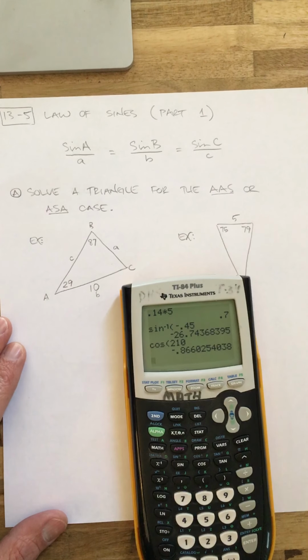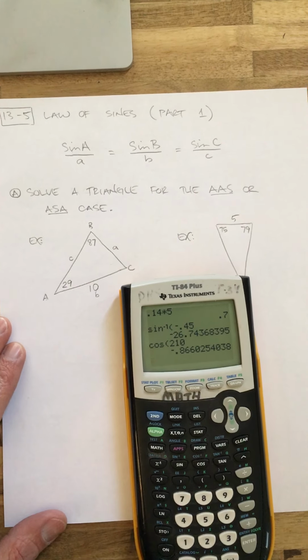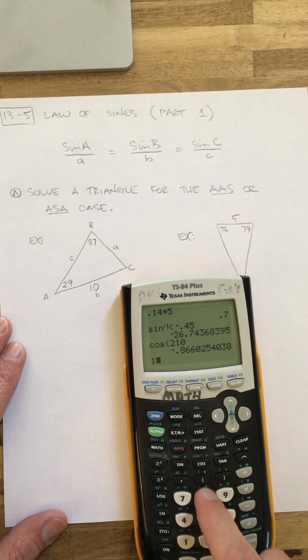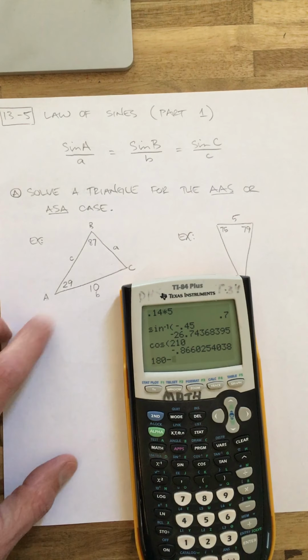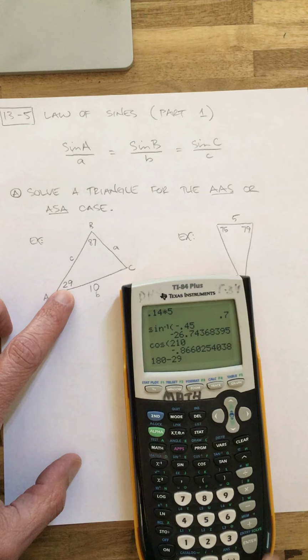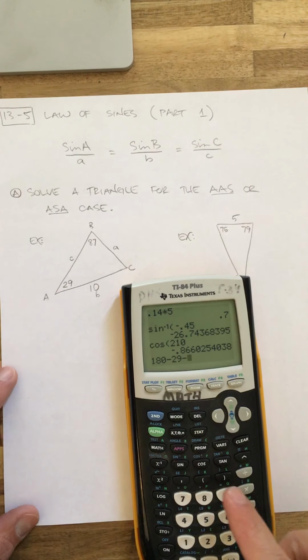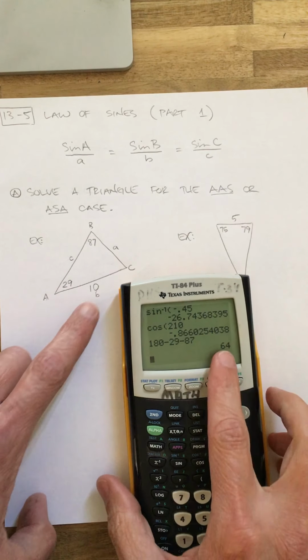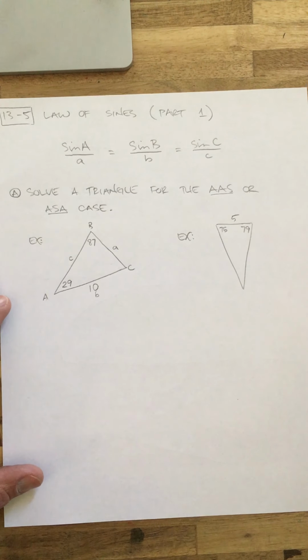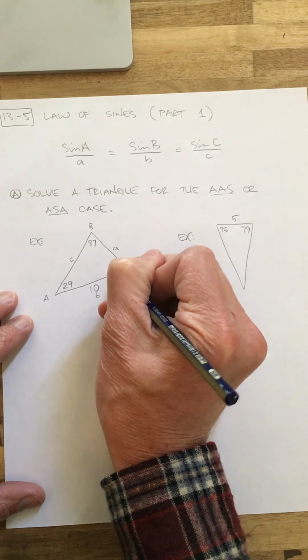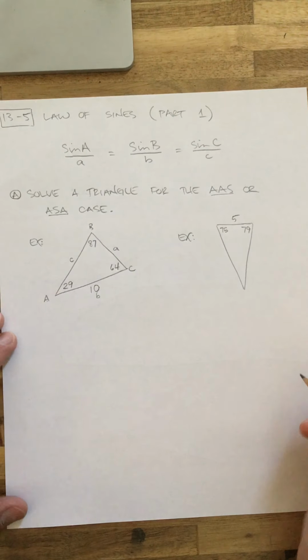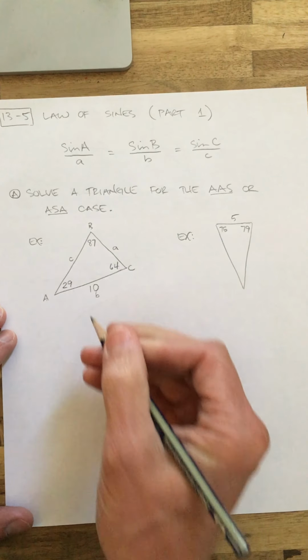Good, thank goodness. Okay, I know all the angles add up to 180, so I'm going to say 180 subtract 29, and then subtract 87, and then that gives me 64. So my missing angle here is 64. Okay, and now check this out. I can just set up any ratio that I want.